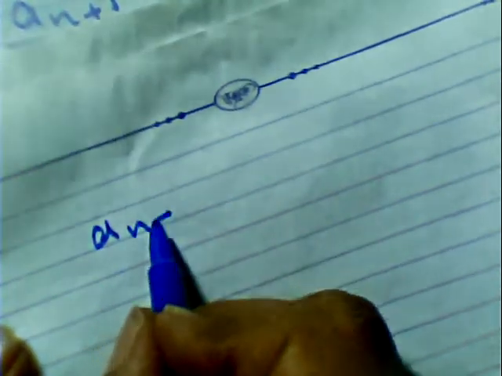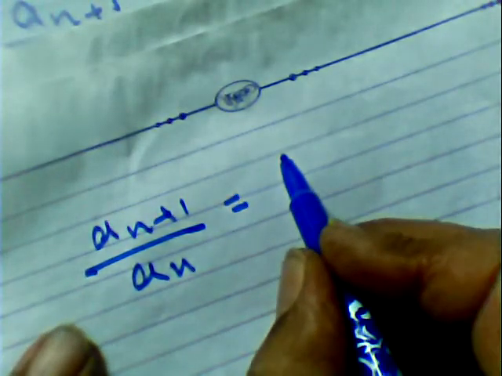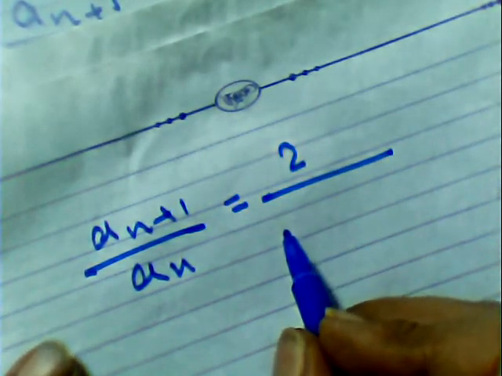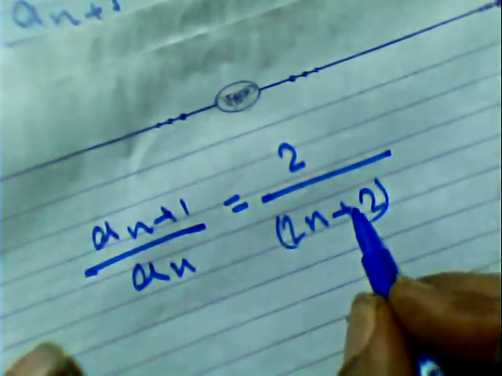Then a n plus 1 over a n equals 2 over 2n plus 2 times 2n plus 1, times 2n factorial over 2n factorial.